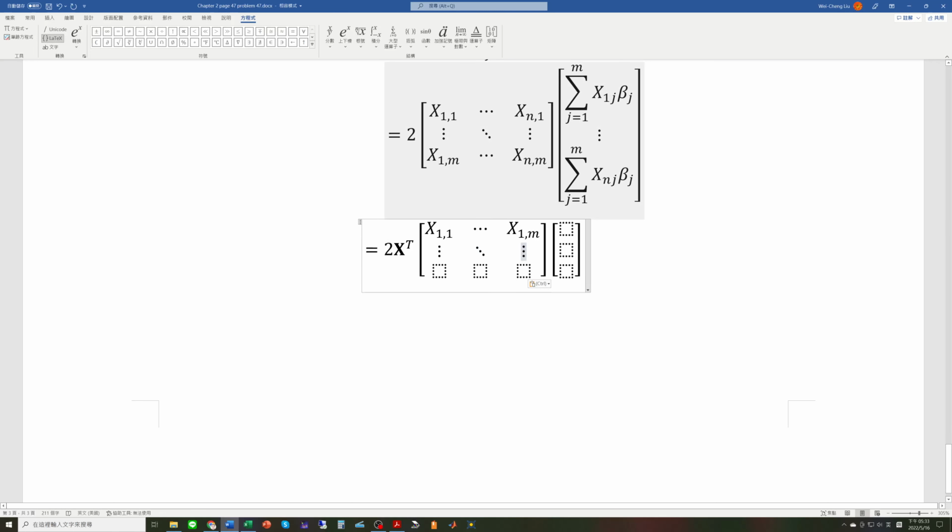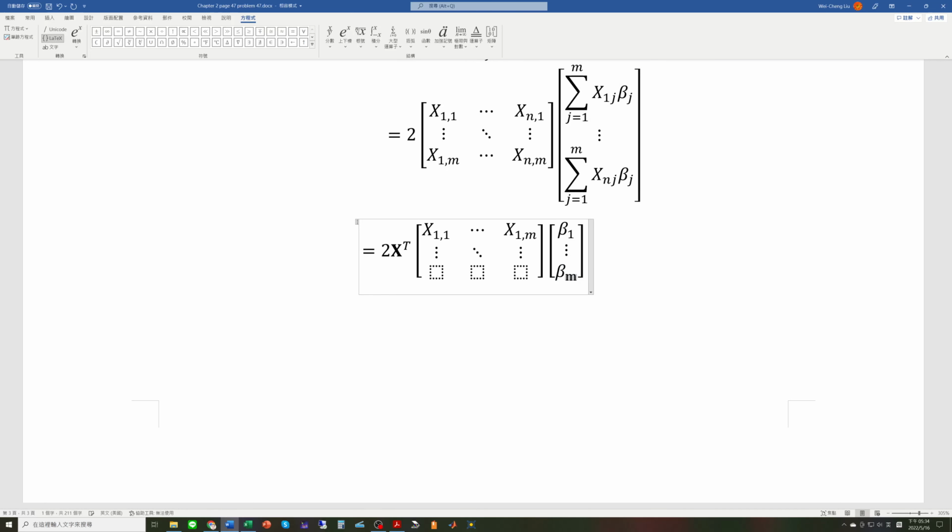And this vector is equal to beta_j. The first element should be beta_j with j being replaced by 1, and vertical dots. And the last element is beta_j with j being replaced by m. Like this.